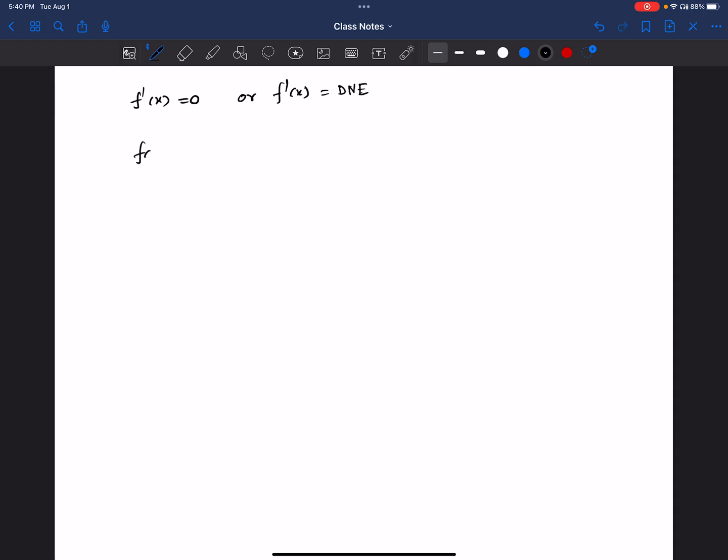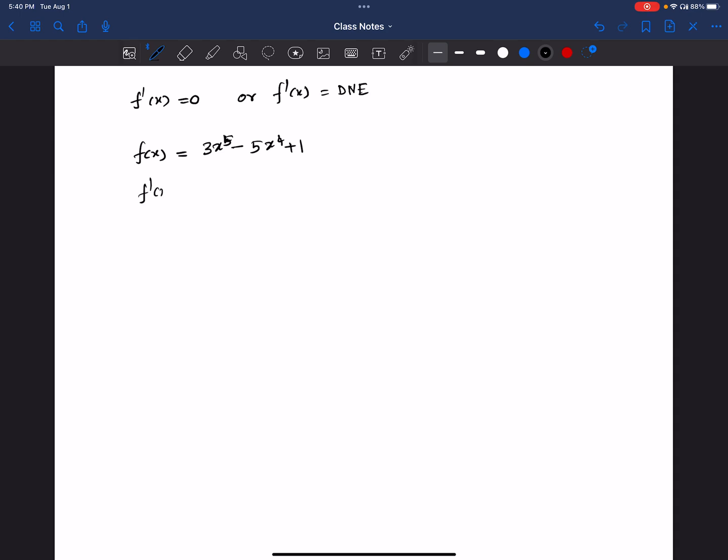So you have f of x, which is equal to, in this case, 3x to the power 5 minus 5x to the power 4 plus 1.